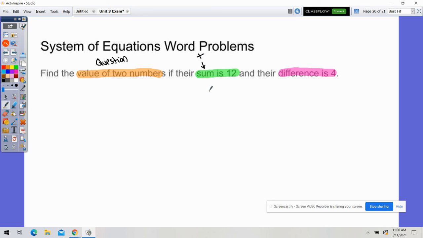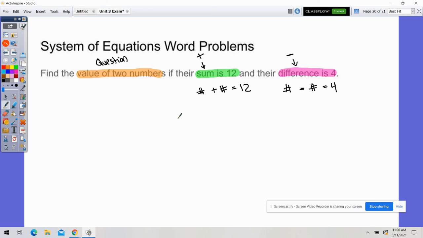When you add the two numbers together, number plus number, it gives you 12. Difference is subtraction, okay? So when you subtract those two numbers, number minus number, that gives us 4.